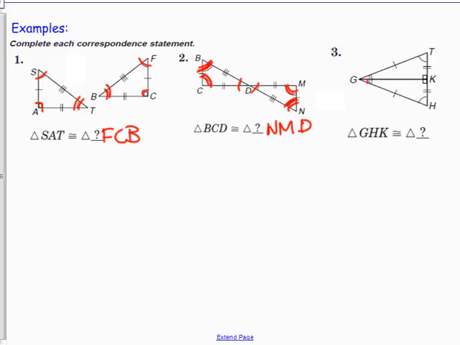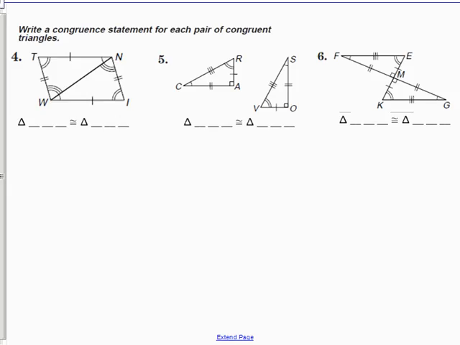G is this little guy here, H is here, and K is the 90. So I'm going to start with G, because that's right here, then go to the 1, which is T, and then to the K. So that's triangle GTK. Those are congruent statements.